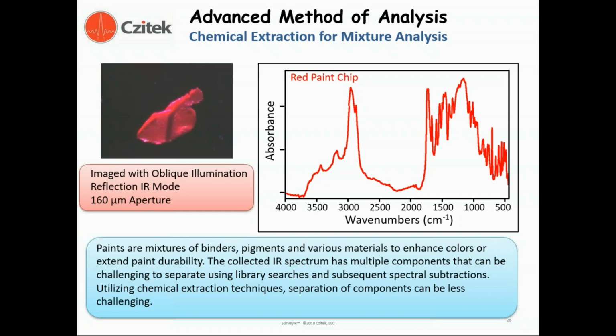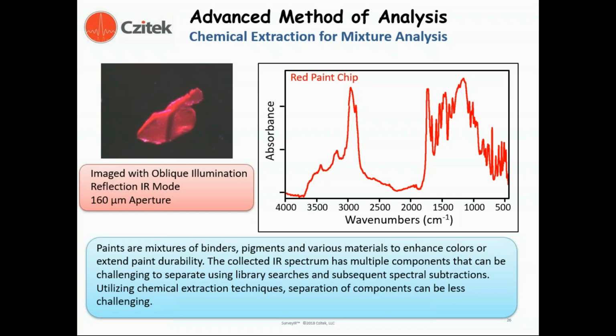So paints are multi-component materials that consist of binders, pigments, other additives, either fillers or extenders, and to analyze all of the components of a paint, which can be important for art conservation or authenticity or in forensic analysis, takes a little bit of technique in analyzing complex samples.